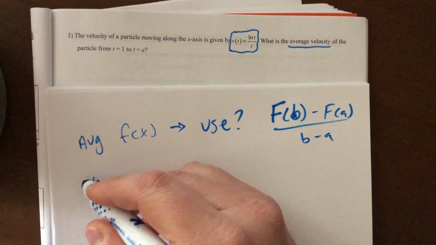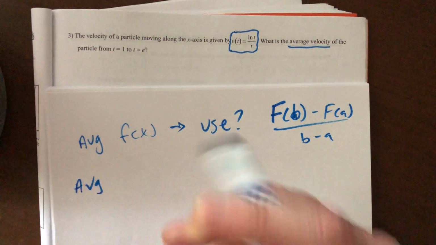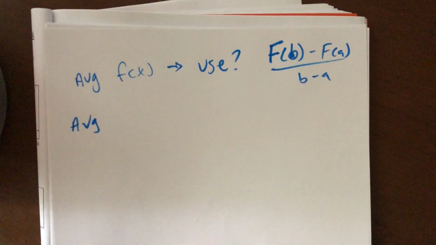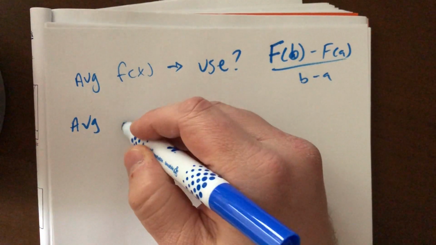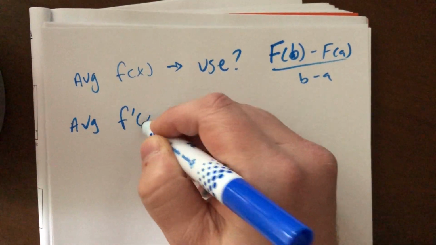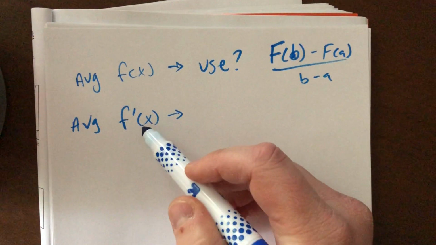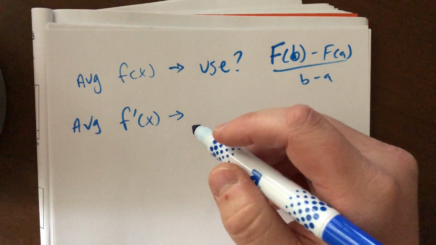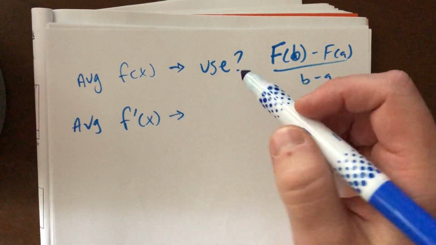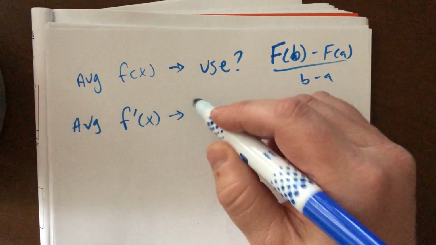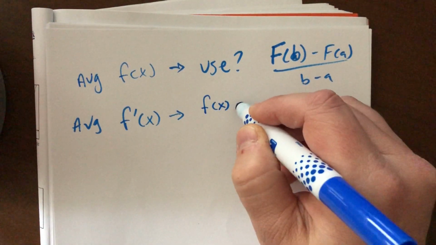If we wanted average f prime, then average rate of change, well then I'm going to be using plain f of x.